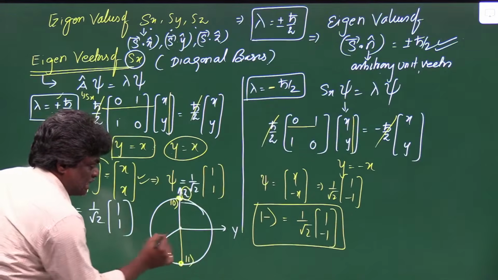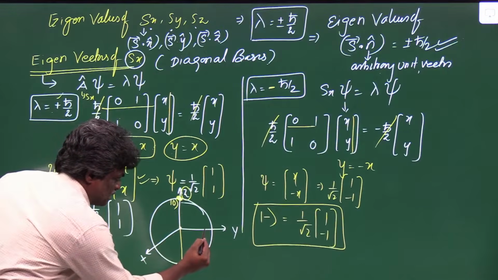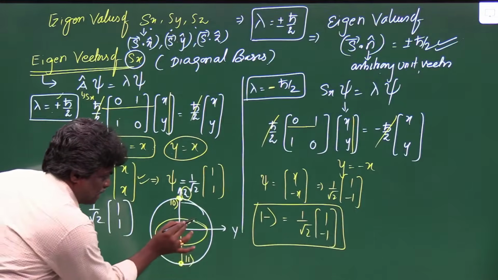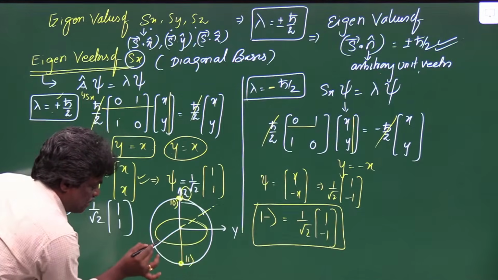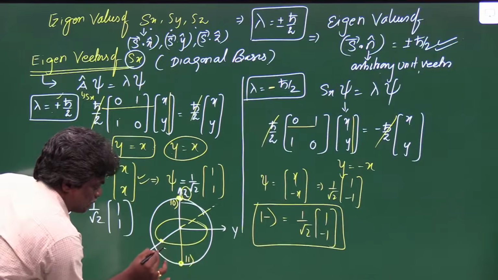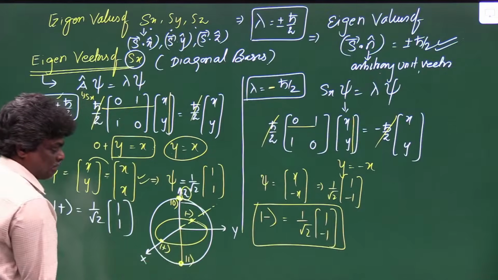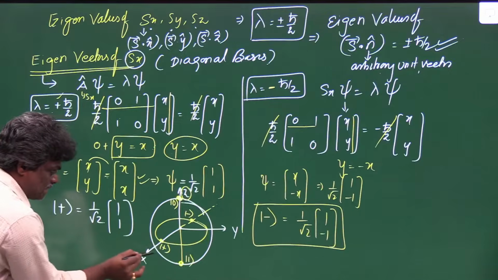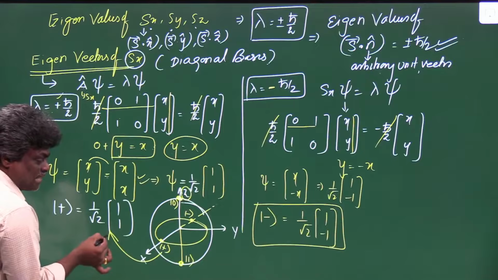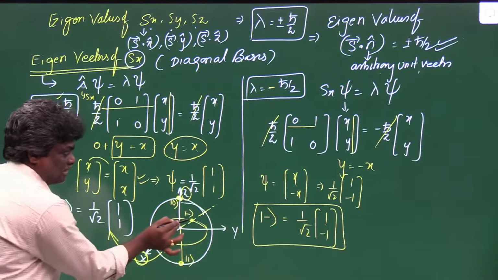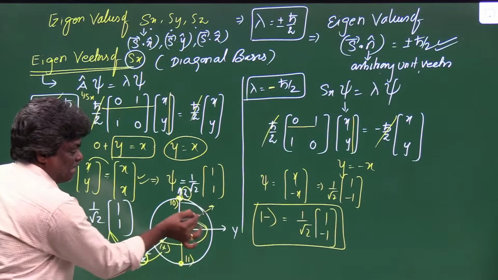Similarly, in textbooks, they will take one plane like this and show this point as plus and this point as minus. This plus is the eigenstate of the Sx measurement.